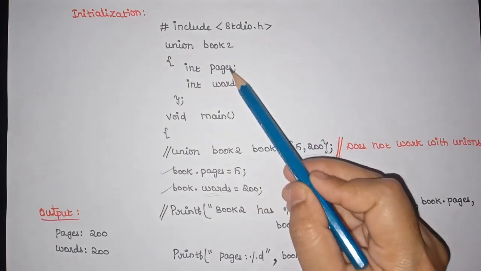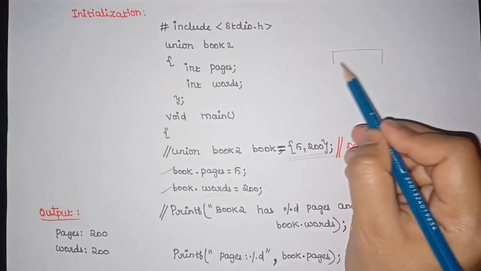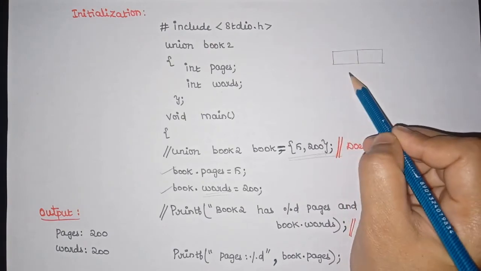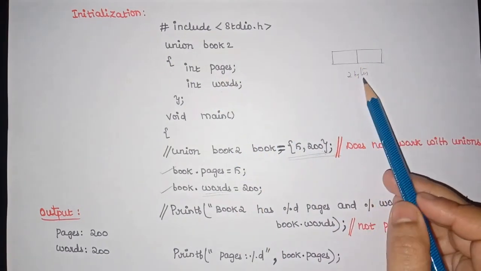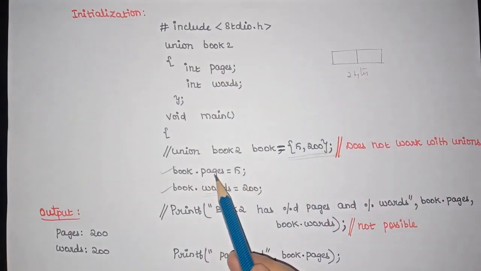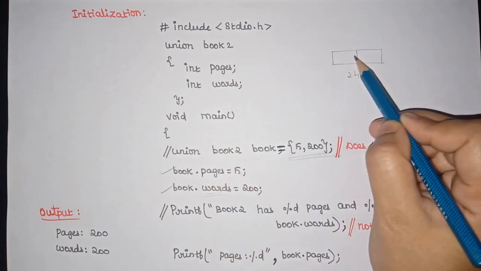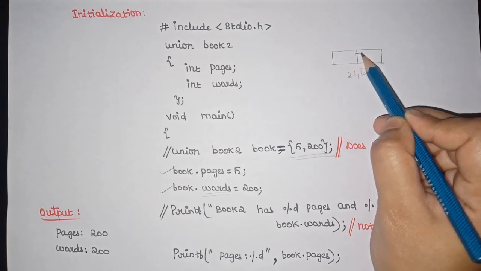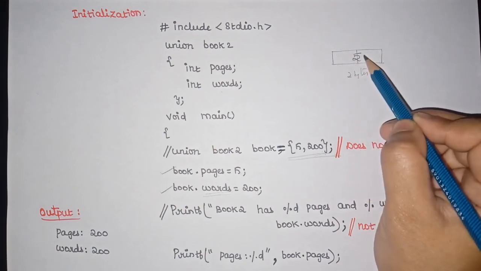Since these two are of integer type, how many bytes will be allocated? 2 bytes will be allocated, right? For integer type, 2 bytes will be allocated in memory. First we have initialized pages with value 5, so this memory space contains the value 5.